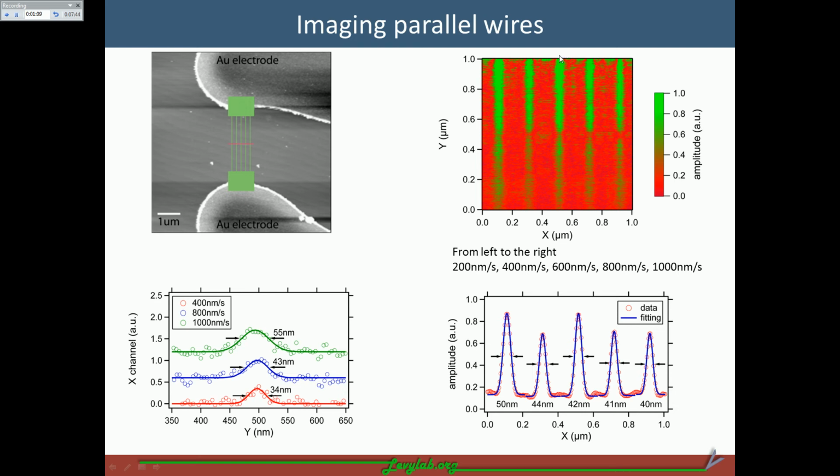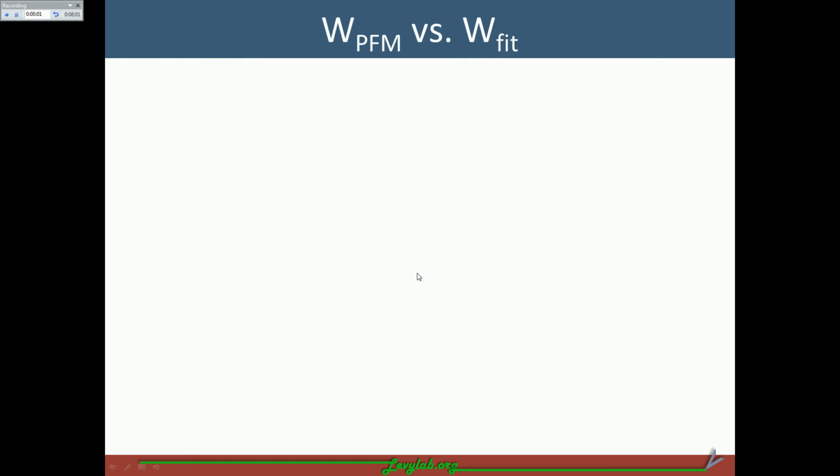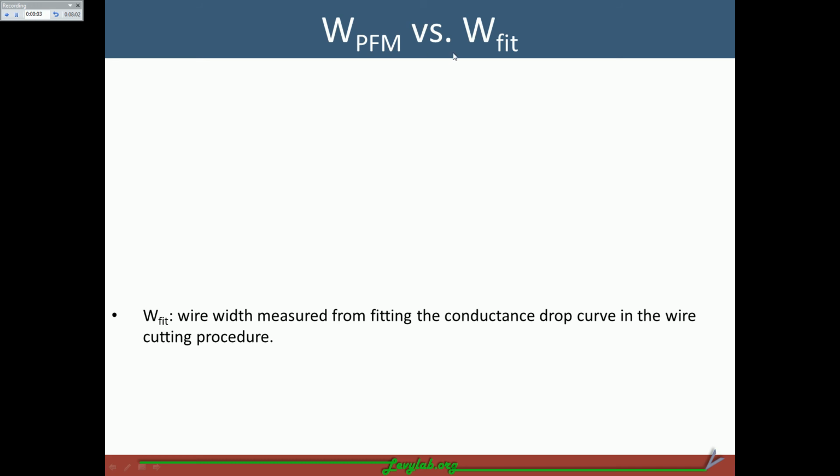Also, if we take the vertical profiles of these three wires, we can measure the gap size created at the center. It also changes as a function of the writing speed. And here, the width WC means the wire width measured from fitting the conductance drop curve, and WPFM means the wire width measured directly from the PFM image of the wire.